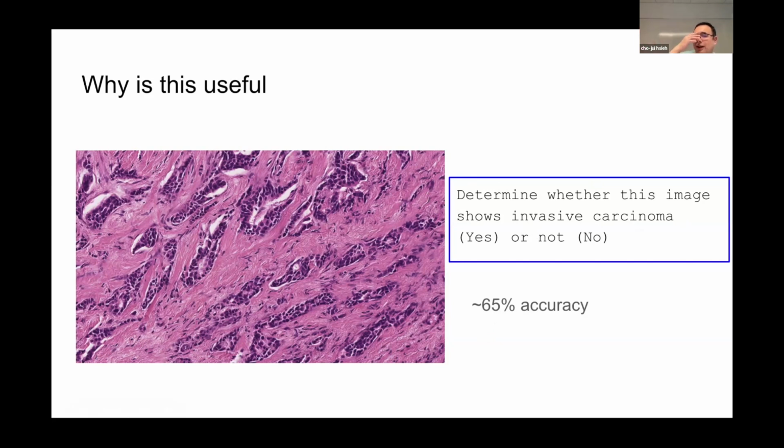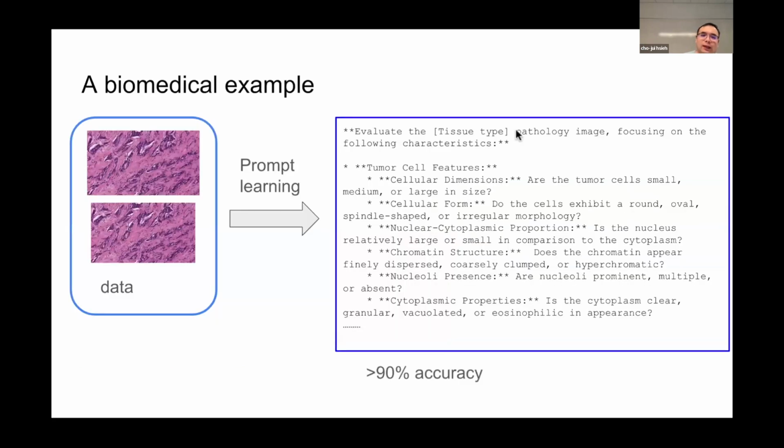So we talked with some doctors. Usually, they expect the prediction to have more than 90% accuracy to be useful. So 65% is totally not useful for them. And then what we can do is we pass those data to the LLM and use some prompt learning algorithm to learn the prompt.